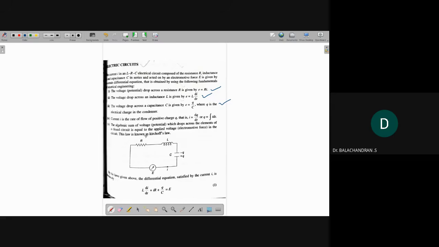By Kirchhoff law, the algebraic sum of voltage drops across the elements of a closed circuit is equal to the applied voltage. So using this, we have L into di by dt plus IR plus Q by C equal to E.